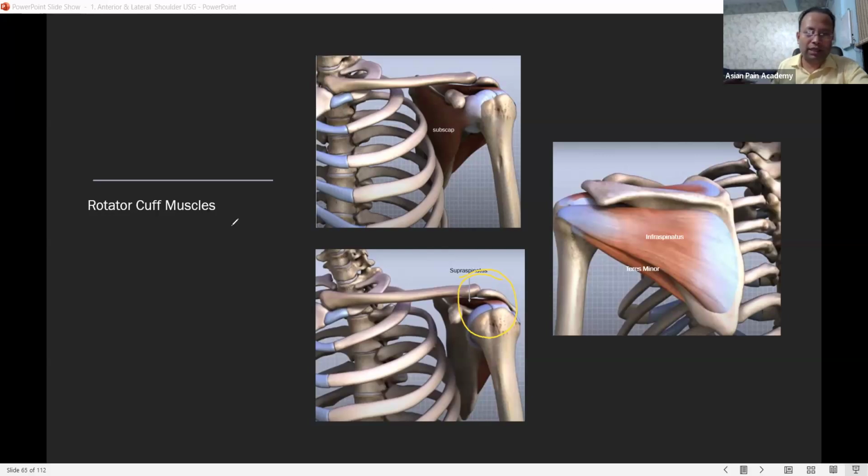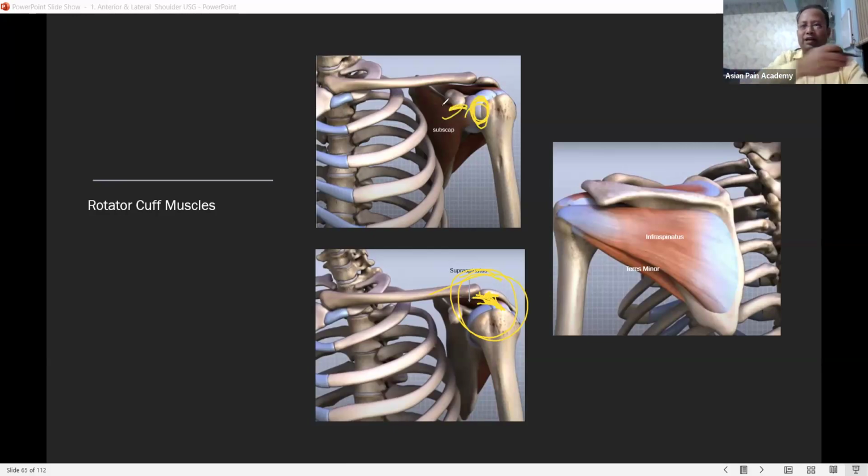So you see, there are three different places where the impingement syndrome can occur. One is just in the subacromial area, where the supraspinatus tendon doesn't move smoothly under the acromion bone. So this is one area. Second area, when this lesser tuberosity doesn't move under the coracoid.